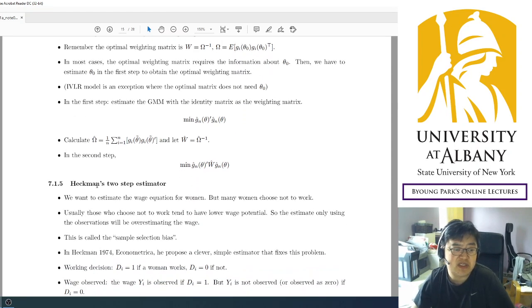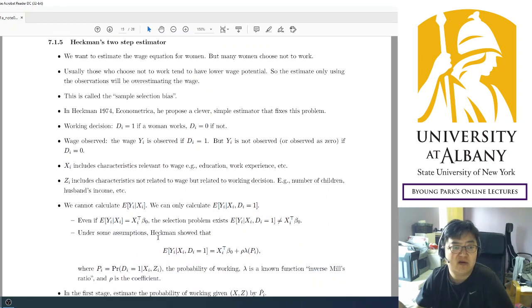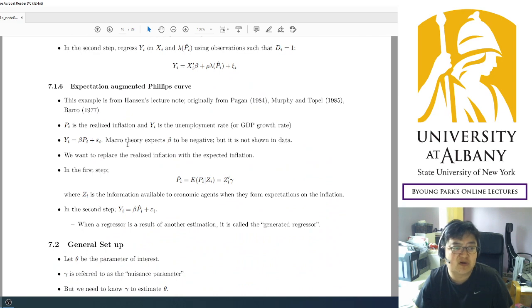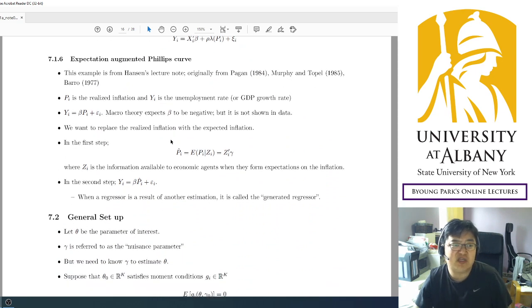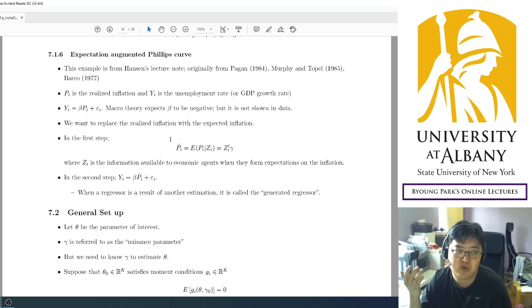And in Heckman's two-stage estimator, I am interested in the college premium for women, but to estimate that, I need to know a woman's probability of working. And finally, in the Phillips curve, I just want to see the relationship between inflation and unemployment, but to use the correct inflation, I need to know the agents' expectation.